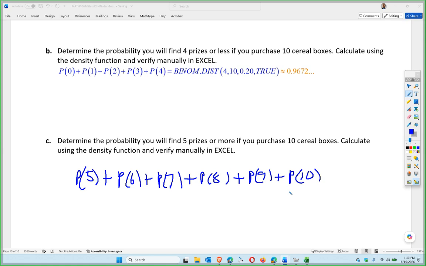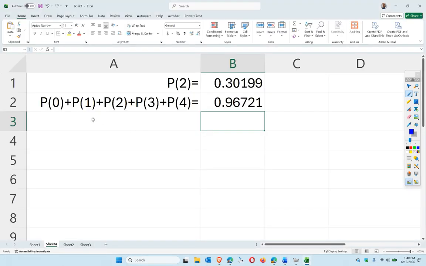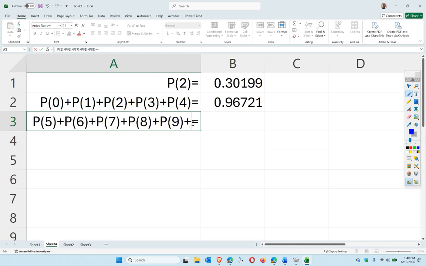This is 6 probabilities, isn't it? Okay. So everything else is the same, but here's the problem. We want copy paste. We want 5, 6, 7, 8, 9, P of 10.